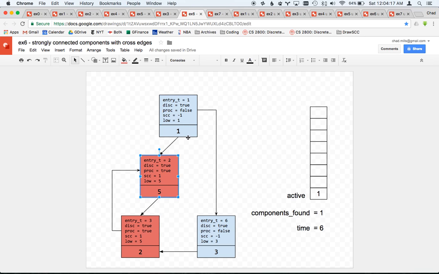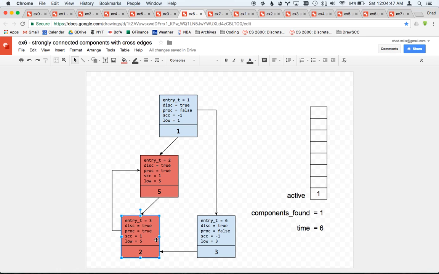So therefore, it's not possible for any ancestor of vertex 3 to be reachable from vertex 2, because we know the extent of the strongly connected component that vertex 2 has. And of course, from any ancestor of vertex 3, at 1 or earlier, we could get to vertex 2, so that would be part of the strongly connected component.